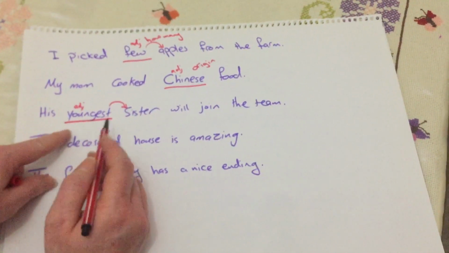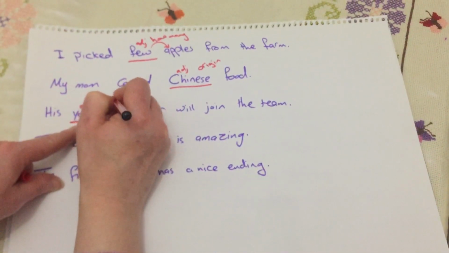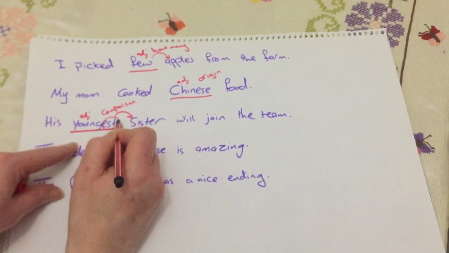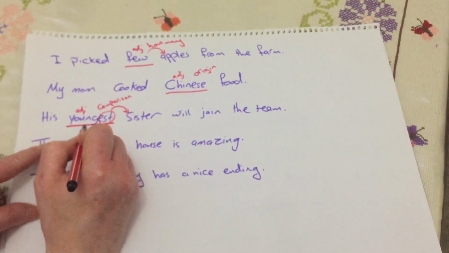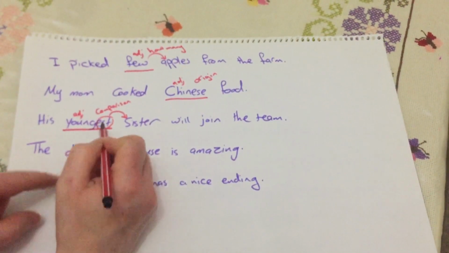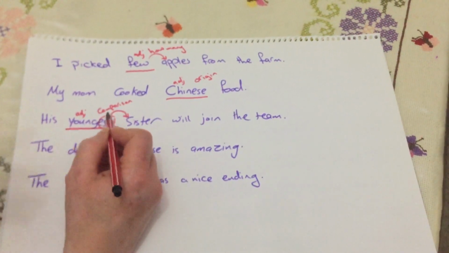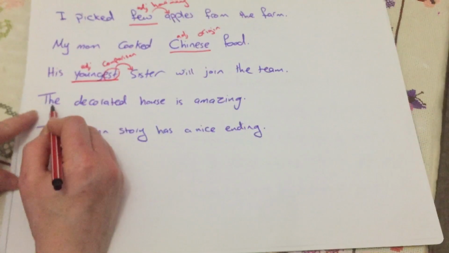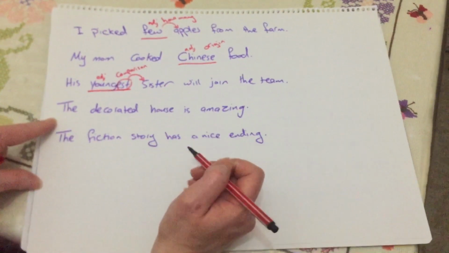So this adjective shows comparison. And of course, as we said, it ends with est because the main word is young, youngest, okay? So it shows comparison.